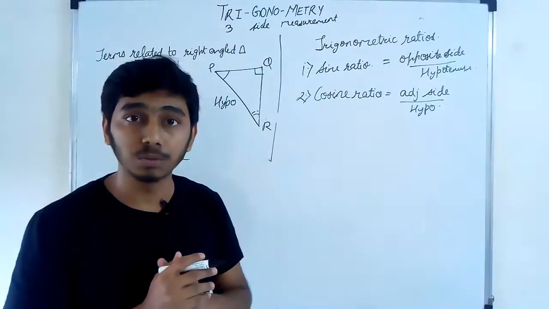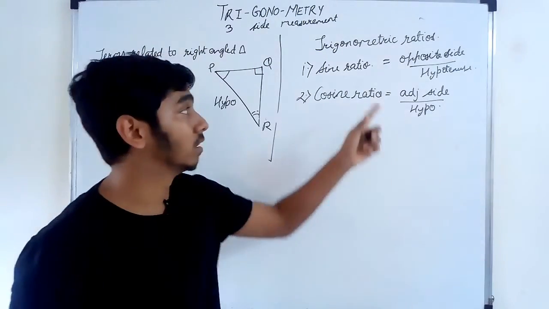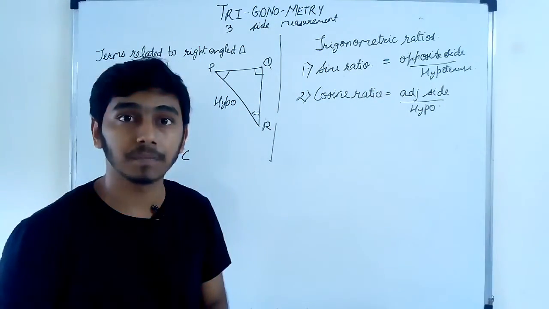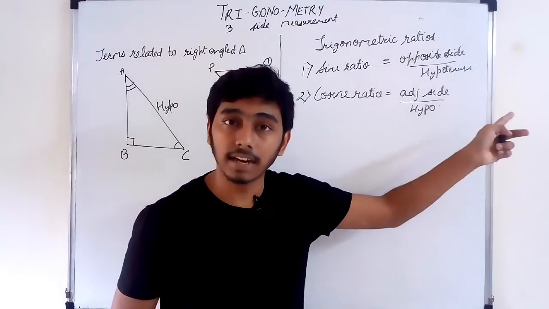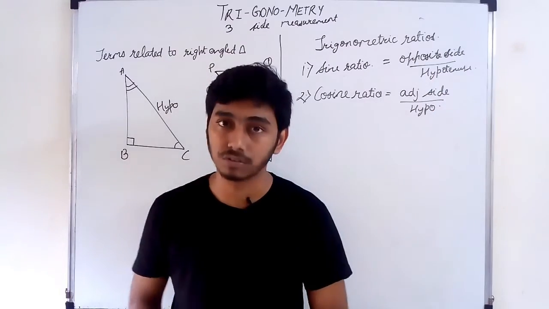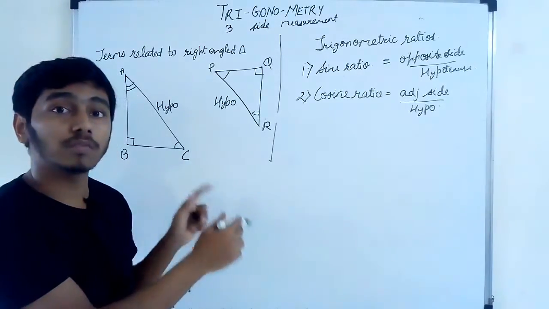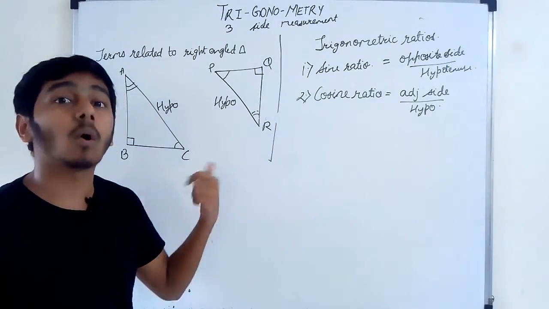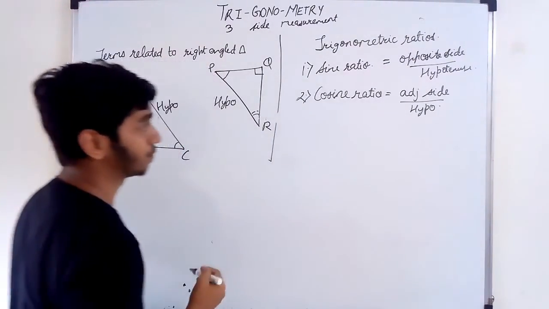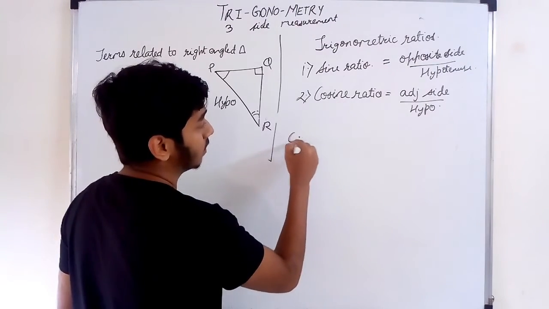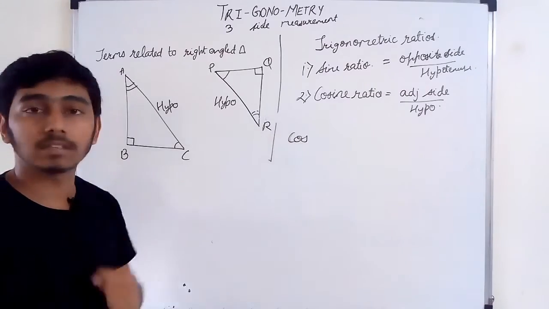Okay, I hope this is clear to you. You are understanding. There is no big thing apart from the triangle, because it just has to find the opposite side of a particular angle or the adjacent side of a particular angle and divide by the hypotenuse. Okay, that's why we saw how to find the adjacent side of an angle or the opposite side of an angle. So let's use this over here. Now the cosine ratio is written in short as cos, COS.